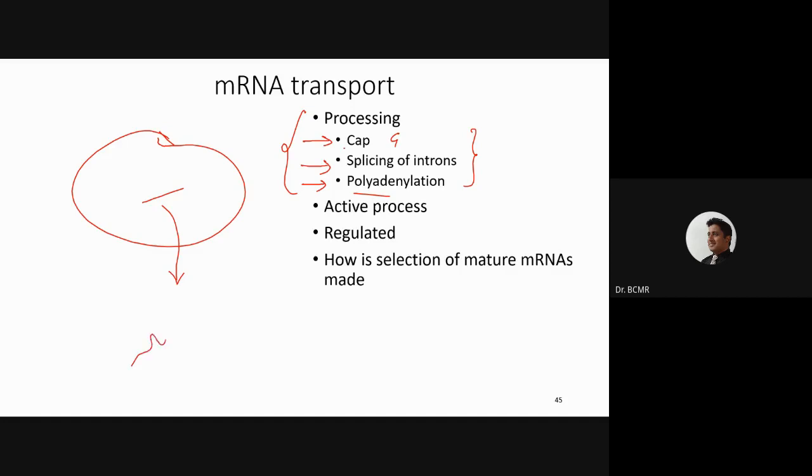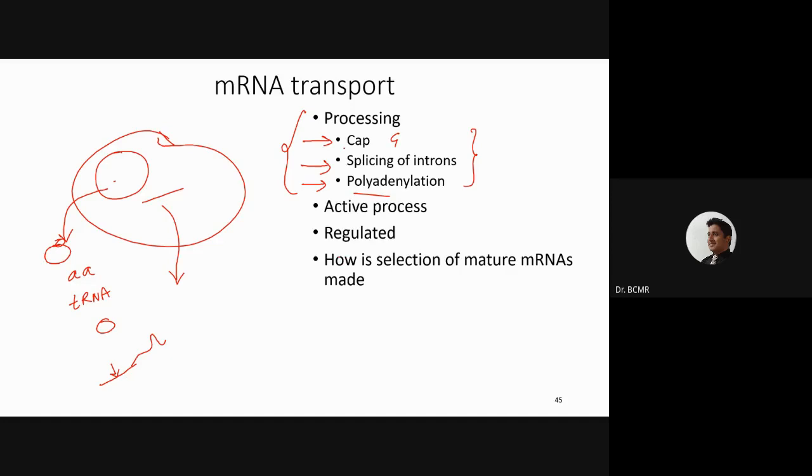Whether it is bound to the endoplasmic reticulum or freely in the cytoplasm, it can only happen in the cytoplasm, because that is where amino acids are there, that is where tRNAs can be charged, that is where you will have the ribosomes. Ribosomes are formed in the nucleolus, and those ribosomes will be transported out, and then translation can happen continuously here.